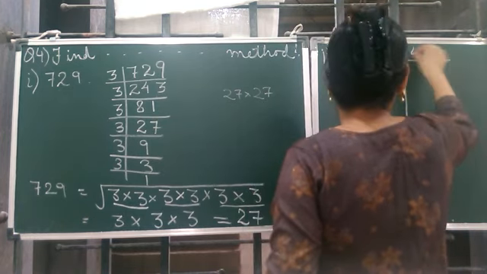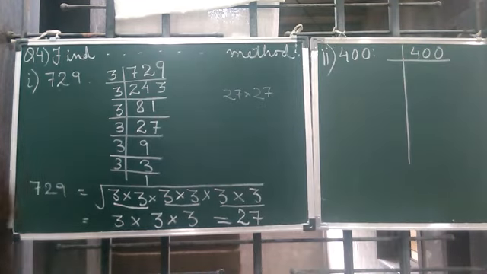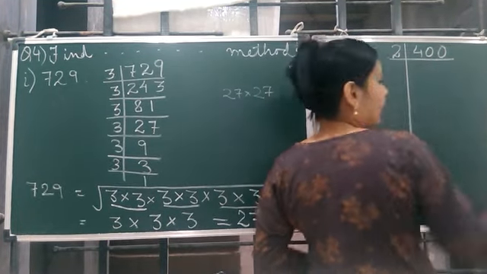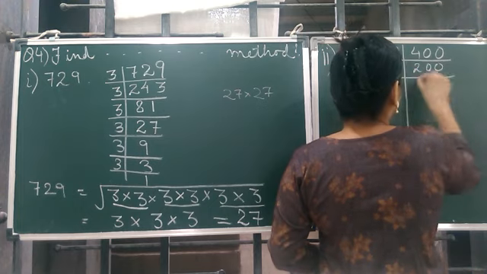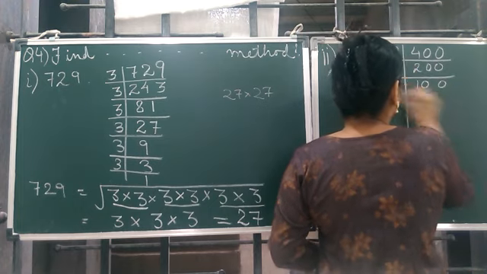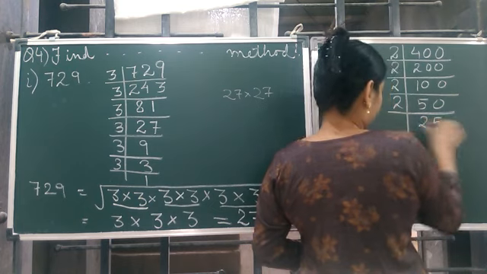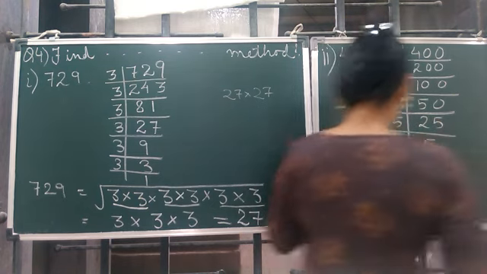Because it has a 0, you can say it is an even number. So 2 2s are 4, this is 200. Then this is 100, then it is 50, then it is 25, then it is 5 5s and 5 1s.